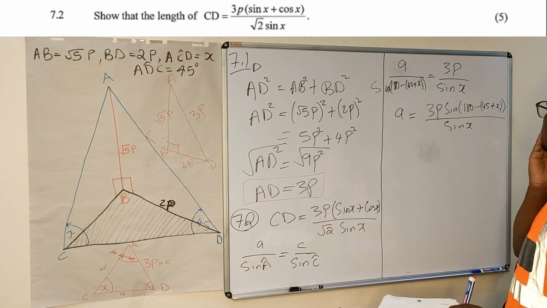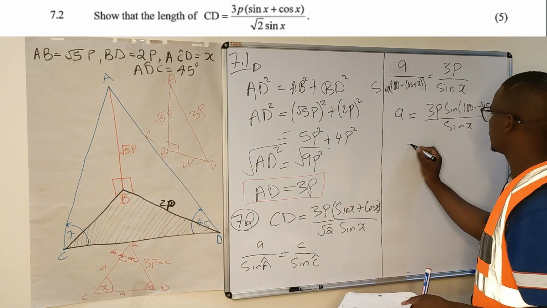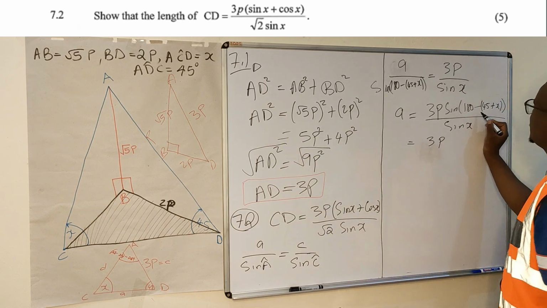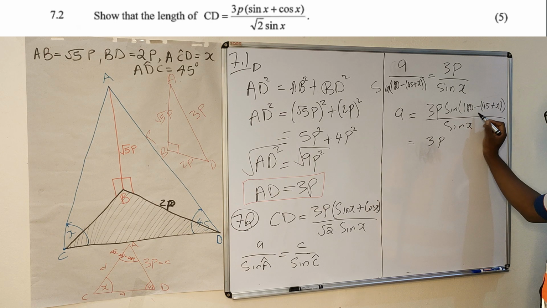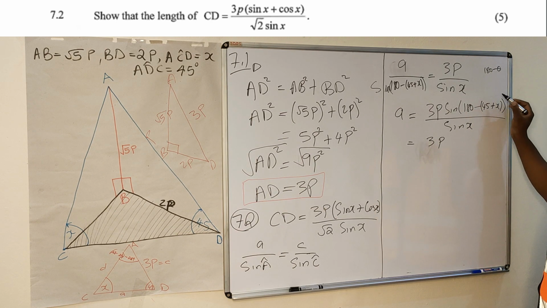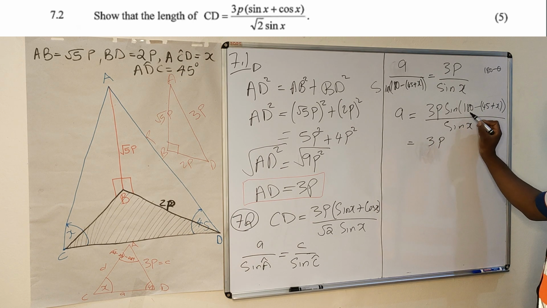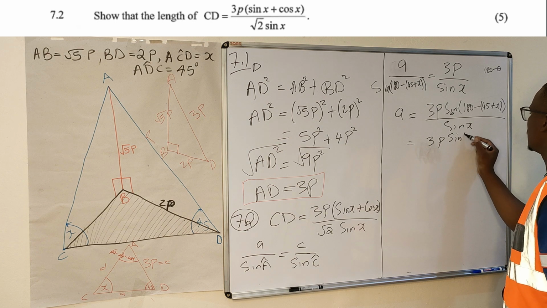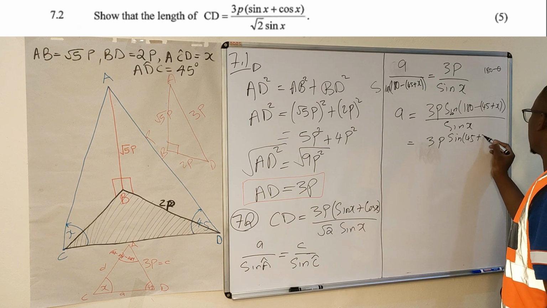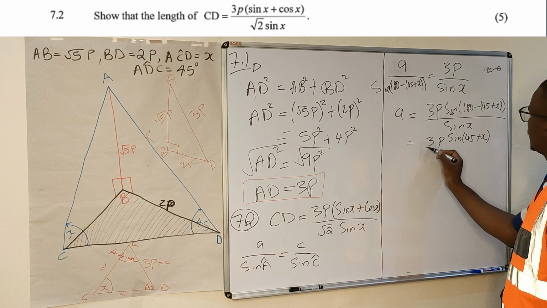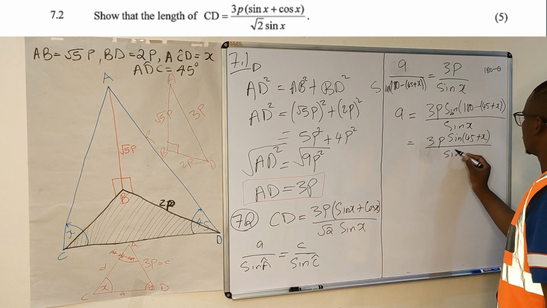Right? So what do we say, okay, 3p, 180 minus, which quadrant? Second quadrant, right? So 180 minus theta, it's on the second quadrant. What sign is theta there? It's positive. Sine. What sign is this function? It's positive. So you're left with sine 45 plus x all over sine x.